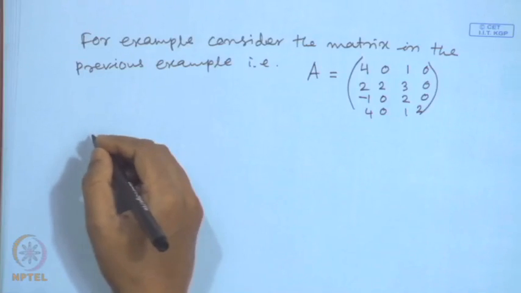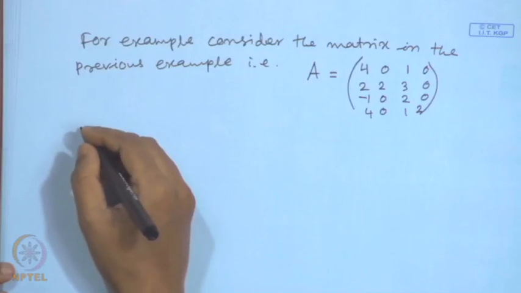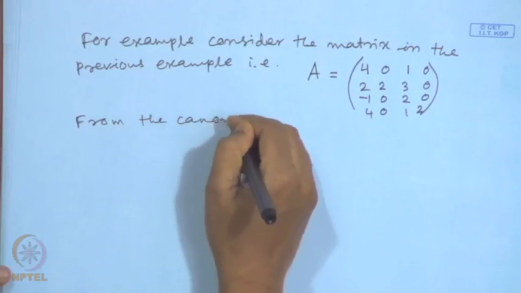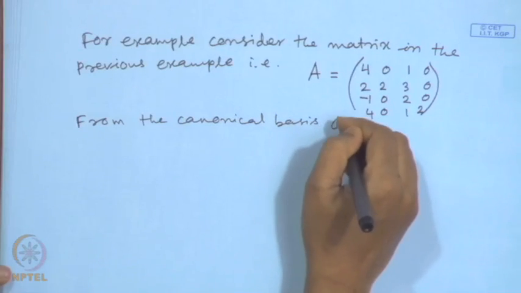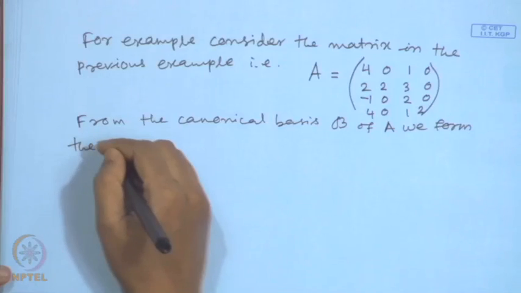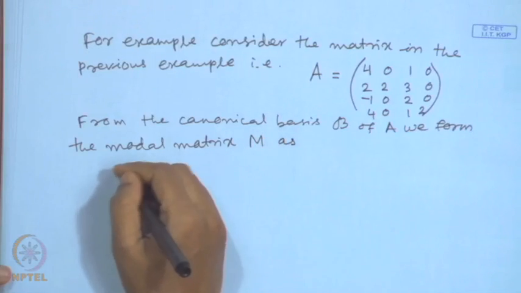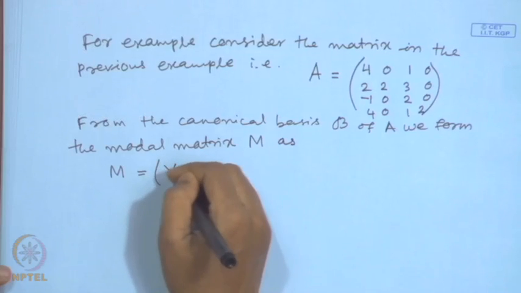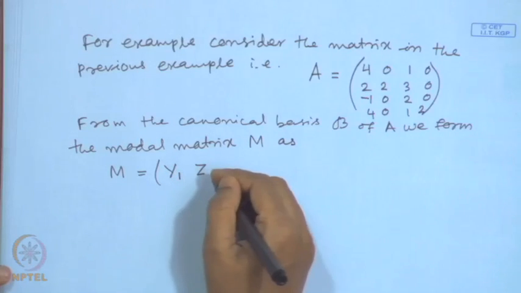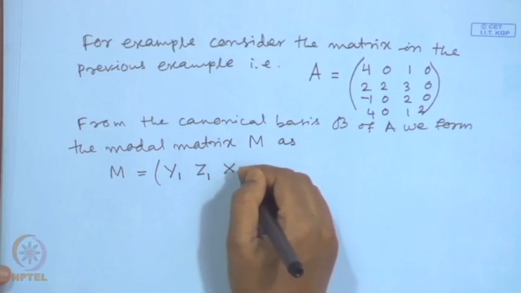Now we can form the modal matrix from the canonical basis B of A. The modal matrix M consists of y1, because this chain consists of only one vector, that is y1. z1 is also only one vector in the chain, and then x1 and x2.